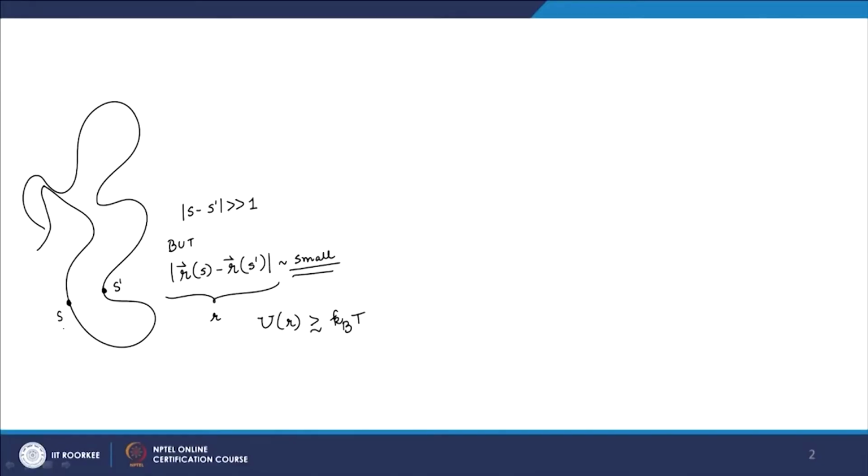Okay. So, now before going into the specifics of what the interactions are, let us just start to visualize what exactly will happen if there are interactions present between segments far off along the chain. I gave an example in the last class of what if there is a negative charge here and a positive charge here. We can also think of another possibility, there can be a negative charge here and a negative charge here.